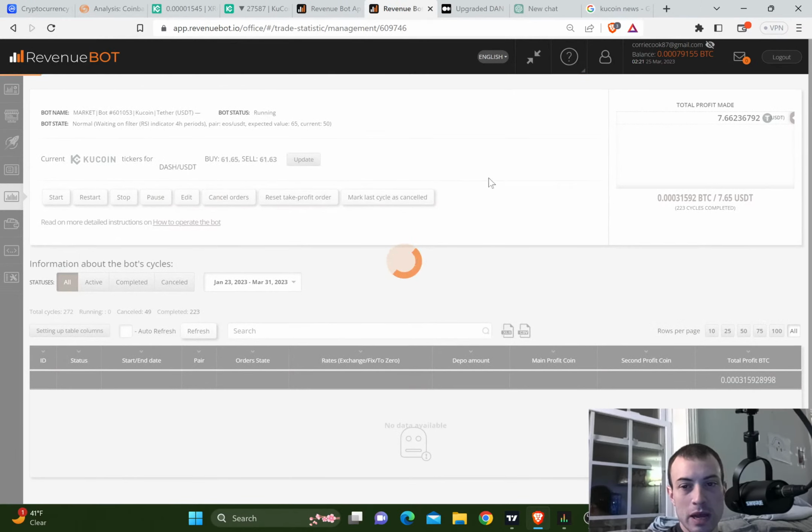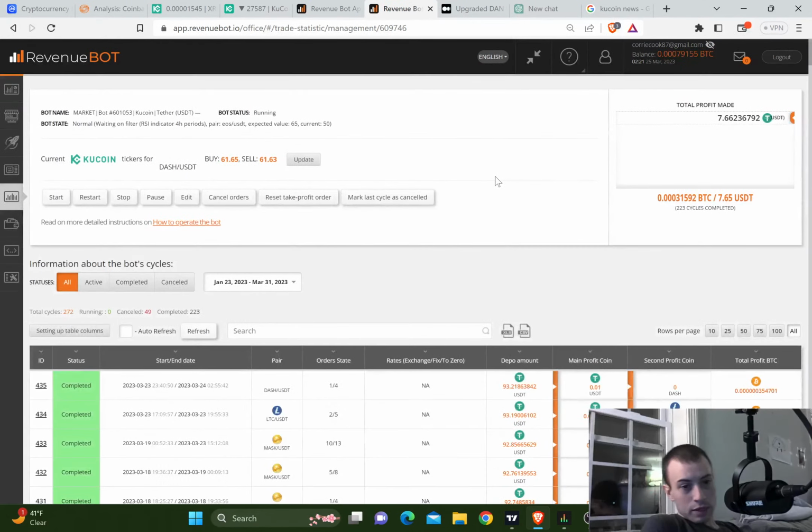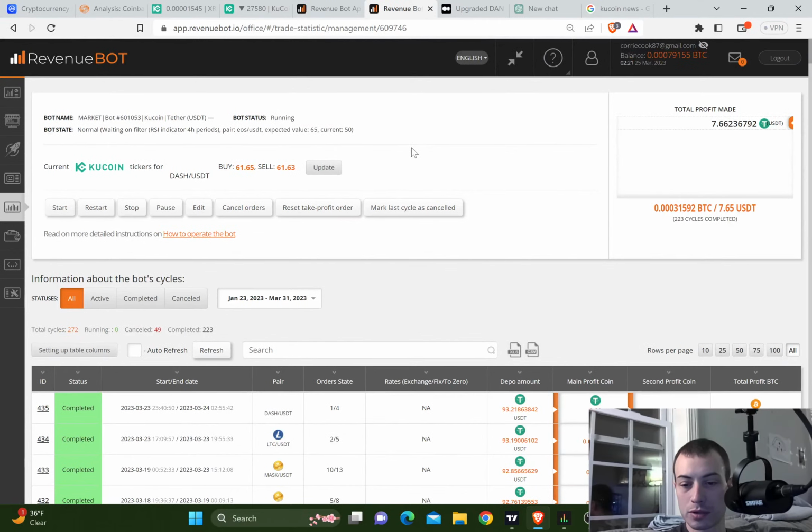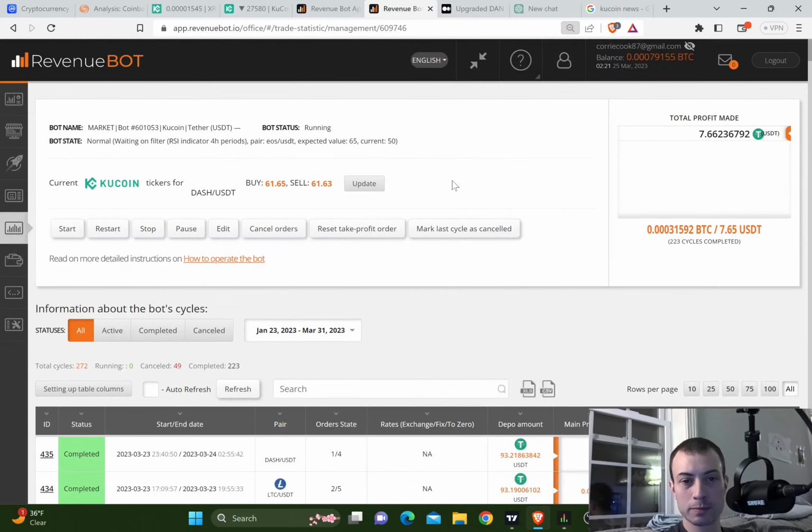So I'm just going to touch back on my spot bot. For anybody that's new, depending on what coin it was looking on and where the market is, you're going to notice that in the bot state, here, let me zoom in a little bit so that maybe you can see a little better.